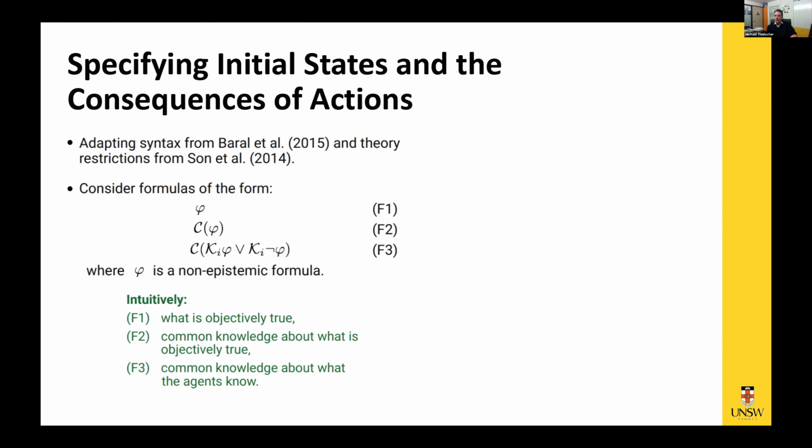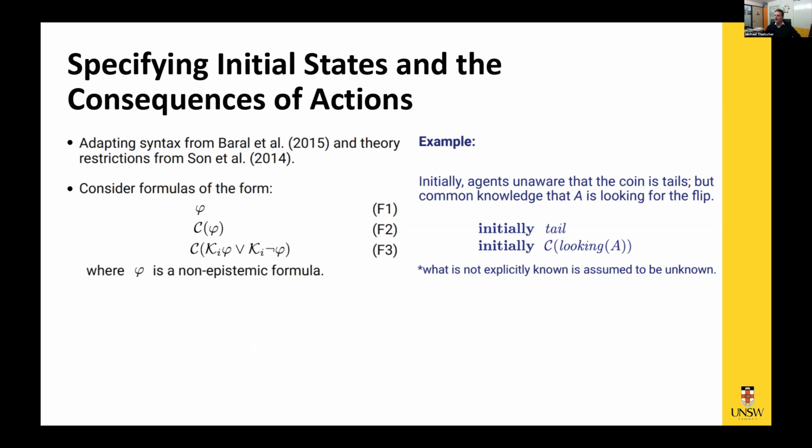What we have been using, and this was really adopting from previous work, we have been restricting ourselves to initial state descriptions with objective formulae where we say an objective formula is common knowledge, and there is common knowledge about what agents know and what they don't know. And with the help of these formulae, we can, for example, specify initial states in the coin flipping example where objectively the coin shows tails, but no agent does know this.